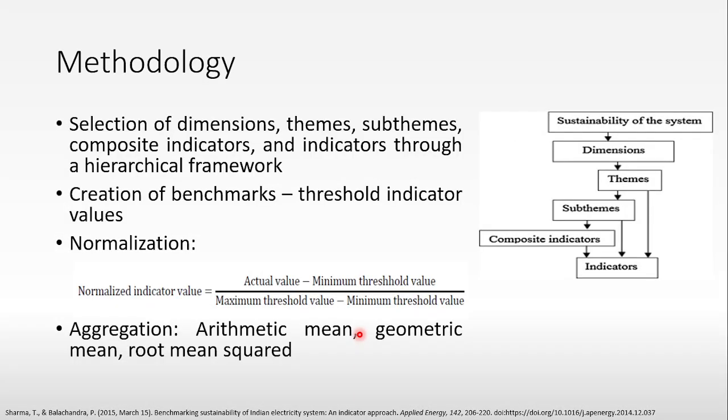The methodology we have already discussed. To measure the sustainability of the system, you need dimensions. How do you get the dimensions? This is a hierarchical framework. You have some themes that you choose, the themes to which these indicators belong. I'll cover this again in the next slide.